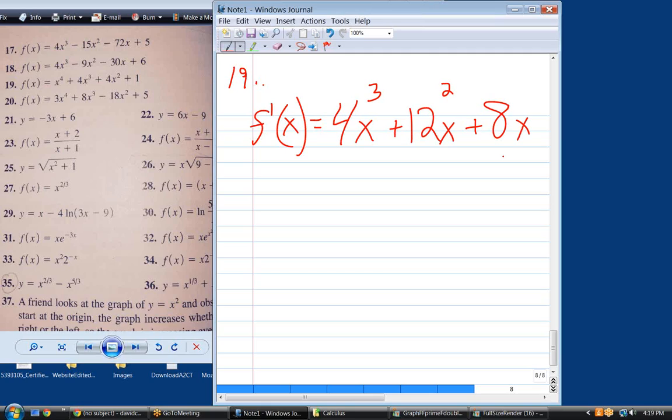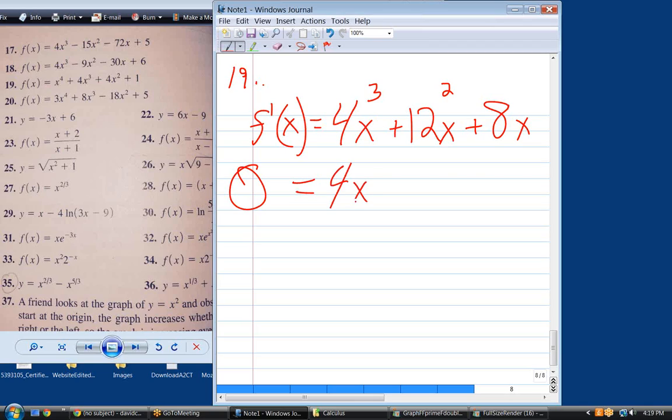Okay. Now, this is a cubic, but it's a cubic that I can factor. So let's do some factoring of this. In other words, we're still going to use our intention to set that equal to 0. Okay. But let's factor some stuff out first. Okay. What's the greatest common factor? 4x.